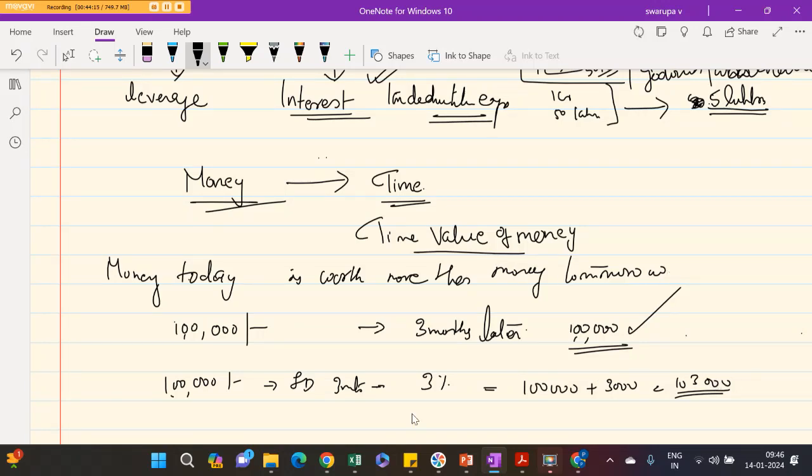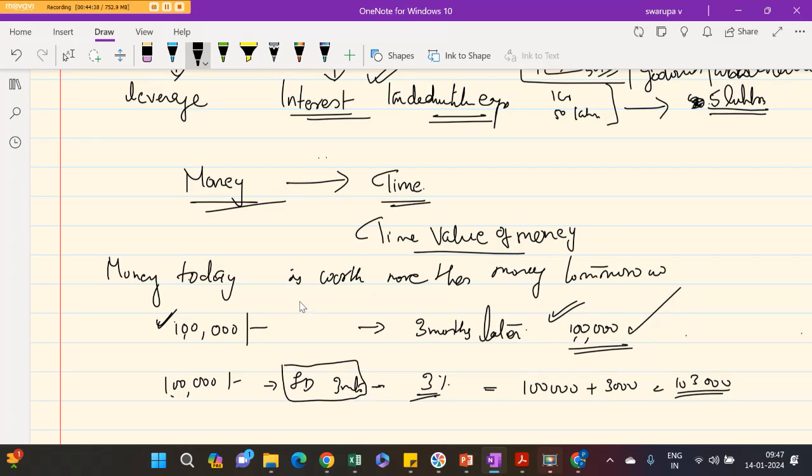So today's 1 lakh is worth more than 1 lakh 3 months later, because there is a value for time, and the value for the time is this 3%. It is the opportunity cost that you are having.